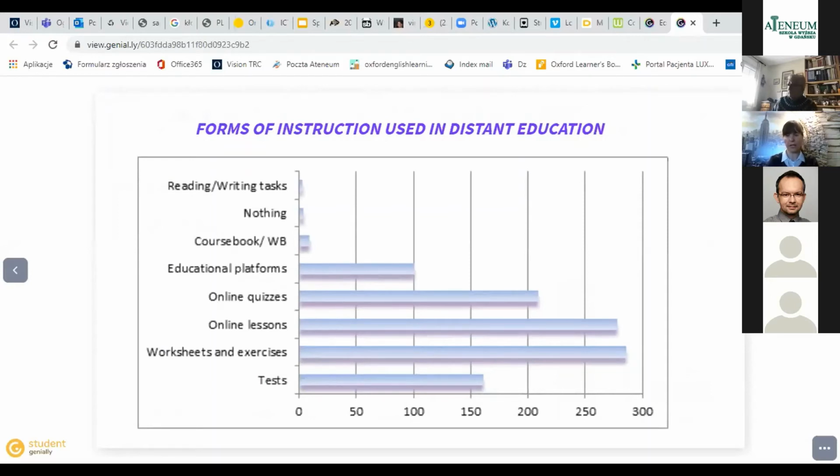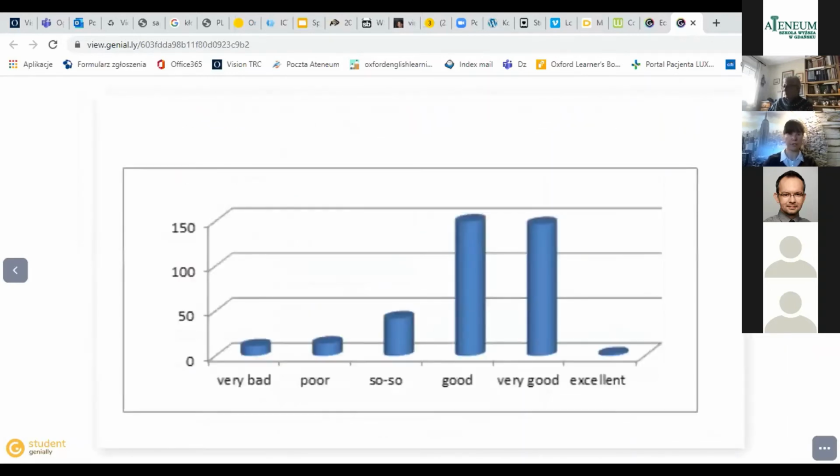Half of them took online tests and online quizzes, but there were also other activities like educational platforms, the use of online course books, and other tasks. The good piece of information here is that almost all students were involved in online lessons. There were only about 5% of the students who did not take part in online lessons. So that's a good result for language teachers.